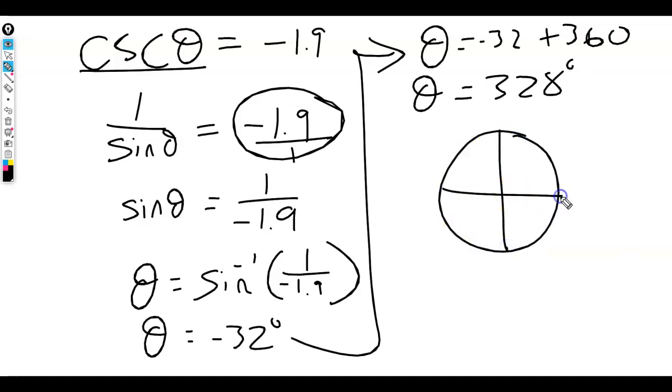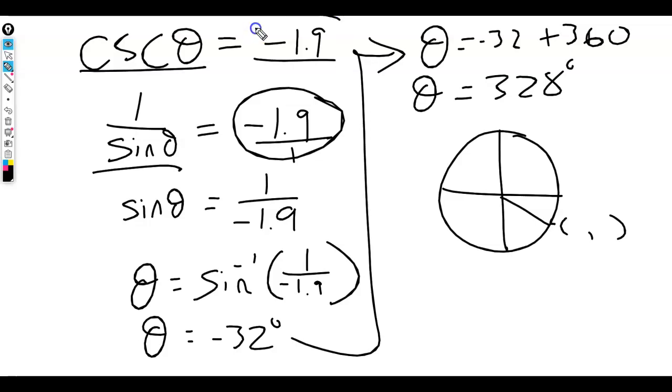Draw a line where you think that would go. Be like right about here, right? And now remember, we're dealing with sine, which is y values. Where would the matching angle be for that one? That would give me the same y value.